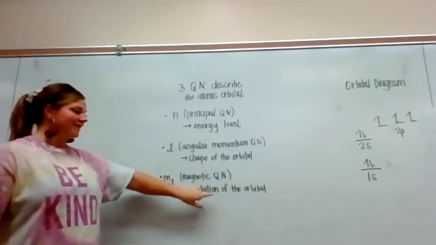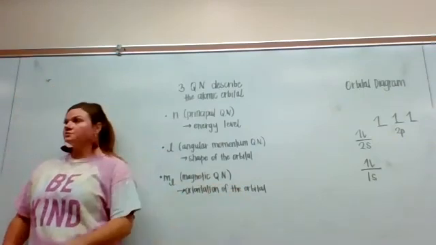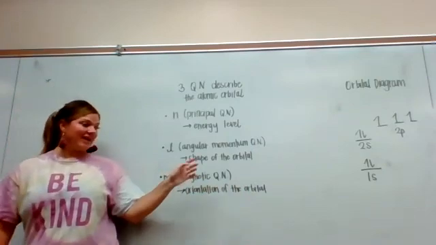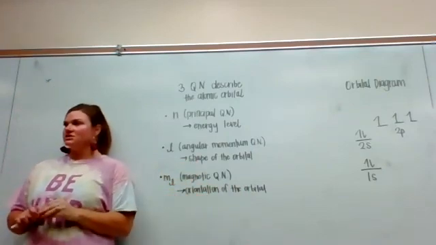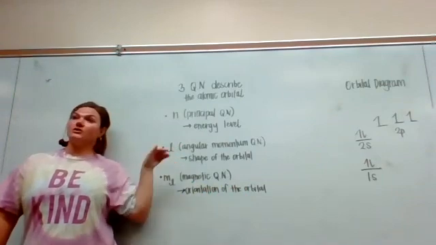So it's the orientation of the orbital. So your different shapes have different orientations. So the M sub L describes your L.